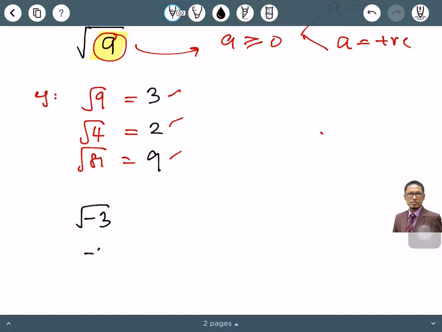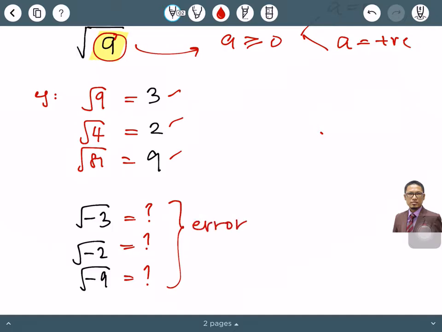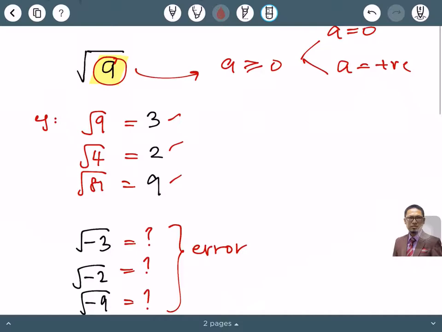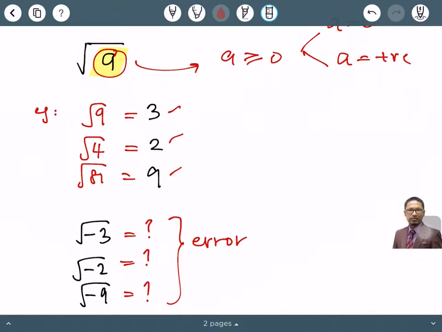Okay, what happen when the number is negative? Example of square root of negative 3, square root of negative 2, square root of negative 9. What value we will get when we count this? Kalau dalam kalkulator dia akan keluar error, maknanya tak dapat dinilaikan.